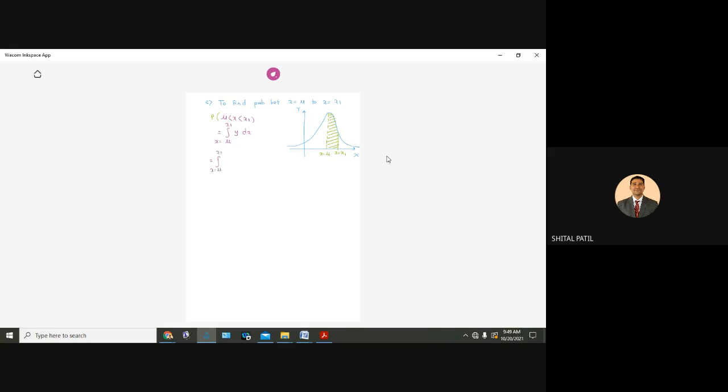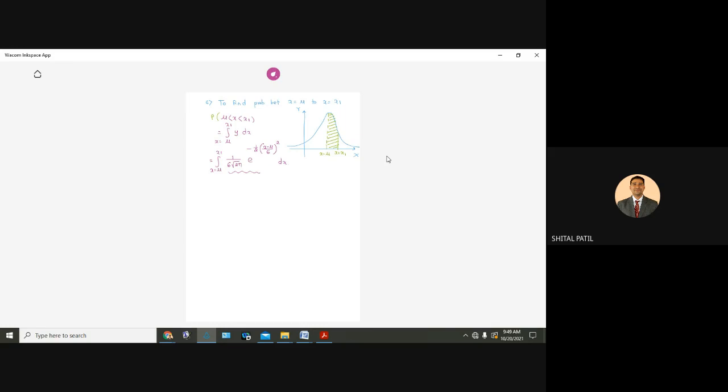And what is y? 1 upon sigma root of 2 pi e raised to minus half x minus mu over sigma whole squared. This is written on the previous page. This is the value of y, and then dx. Clear? Getting everyone? Our aim is to solve this integral.